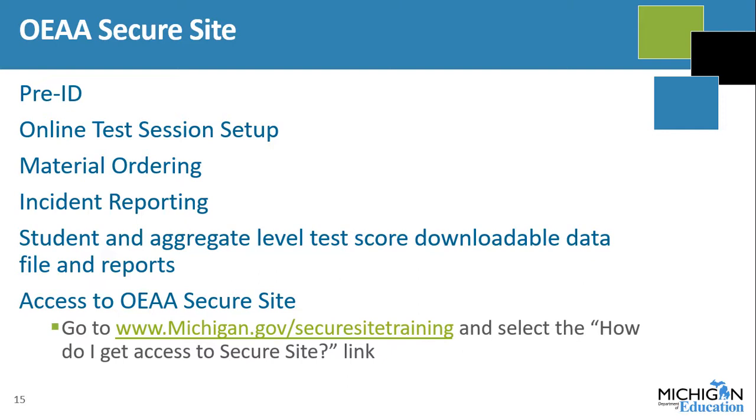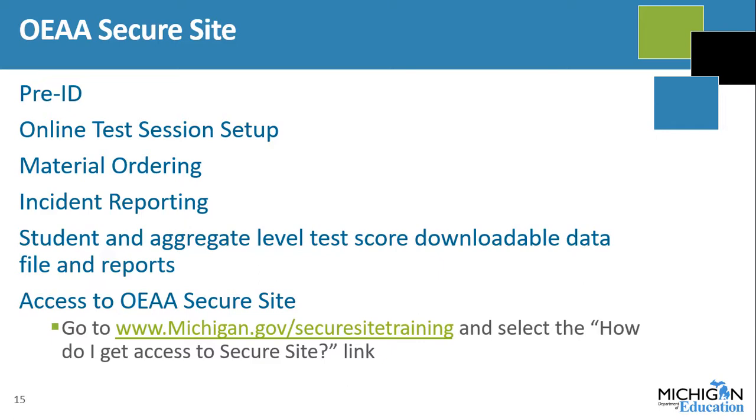For access to the OEAA Secure site, you can go to www.michigan.gov/securesitetraining and select How do I get access to the Secure site? The OEAA Secure Site Assessment Administration Tasks presentation of this ME Day training provides detailed information about how to perform the test administration tasks that are done in the Secure site.